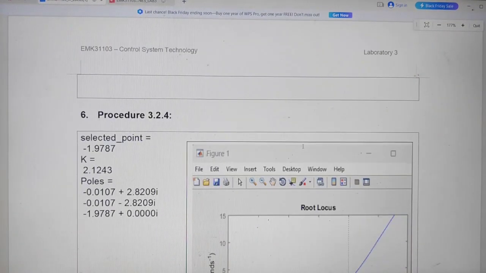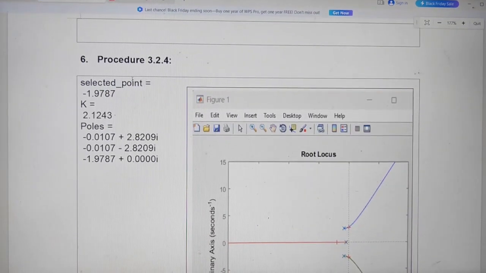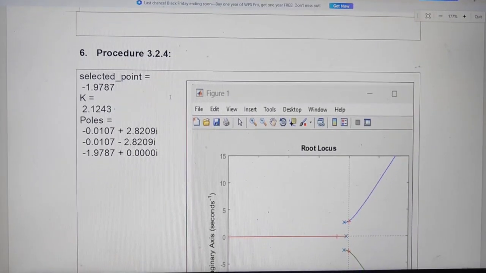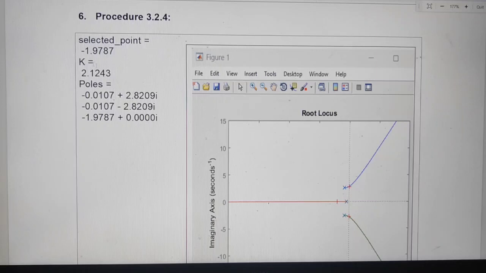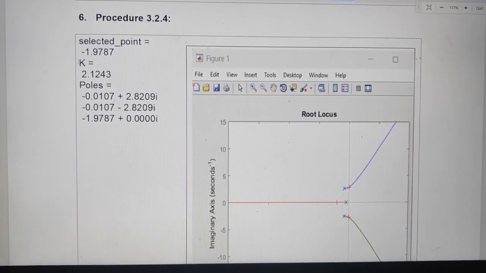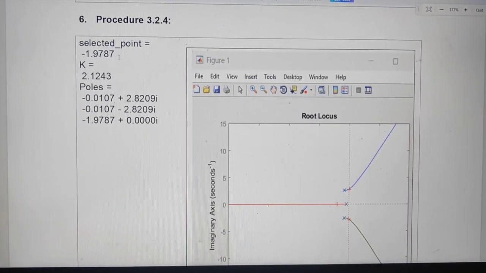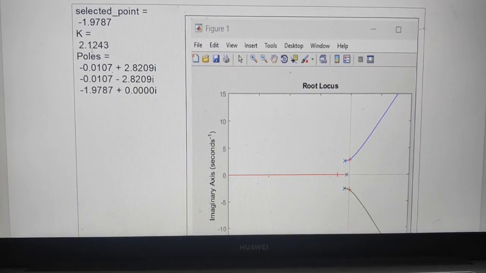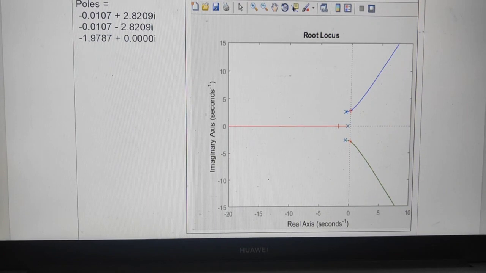The next one is exercise 3.2.4. This is the output, where the selected point is negative 1.9787 and the k is 2.1243, and these are the poles.